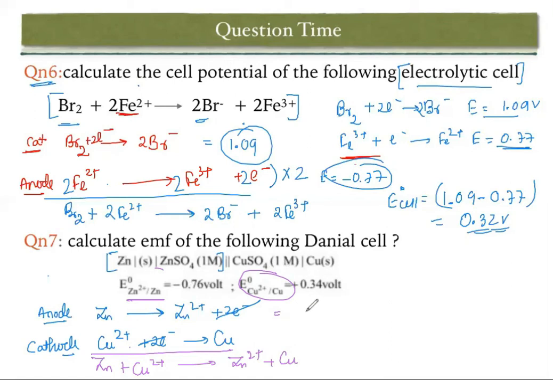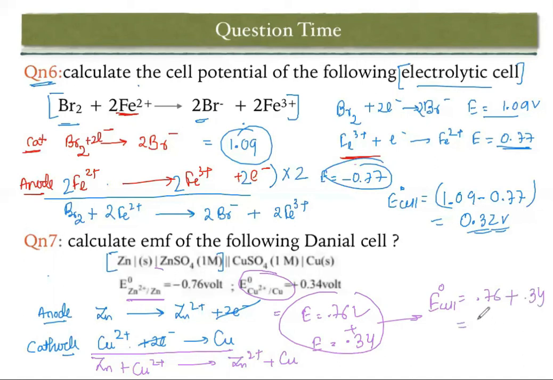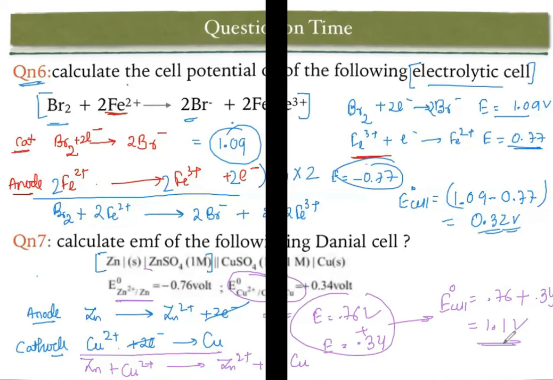So here E is equal to 0.76 volt, and here it is equal to 0.34 volt. If we add them, E naught of cell of the Daniell cell is 0.76 plus 0.34. So you will get 1.1 volt.